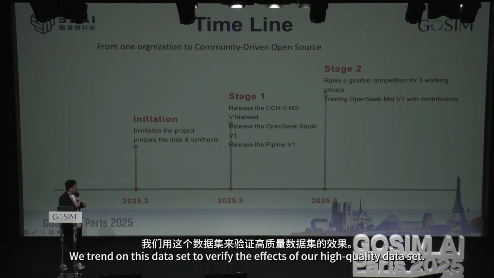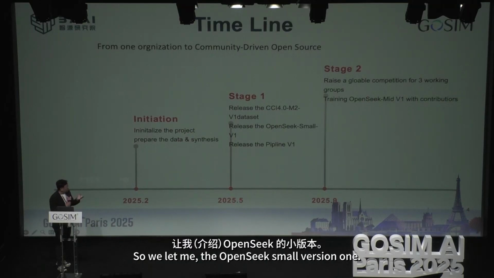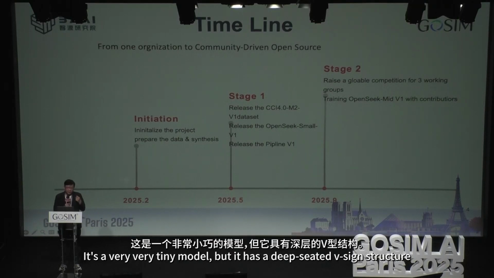We also release a small version of OpenSeek. We trained it on this dataset to verify the effects of our high-quality dataset. We named it OpenSeek small version 1. It's a very, very tiny model, but has a DeepSeek V3 structure.